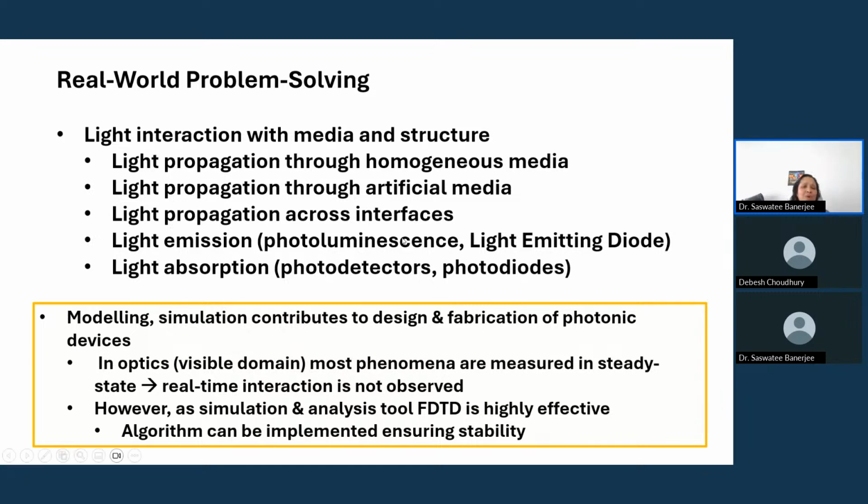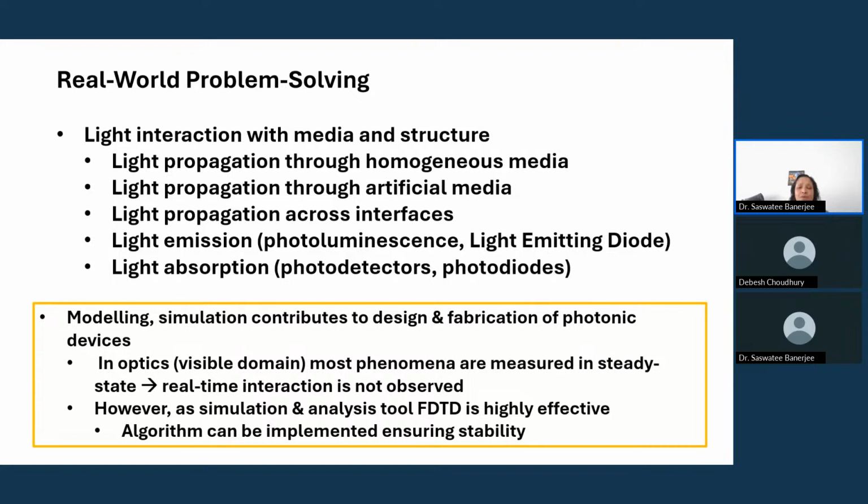In my last podcast, I talked a little bit about photoluminescence and the luminescence behavior, that is, light emission behavior in active media. Also the electroluminescence that we see in light emitting diodes, and how you model such behavior in optics.